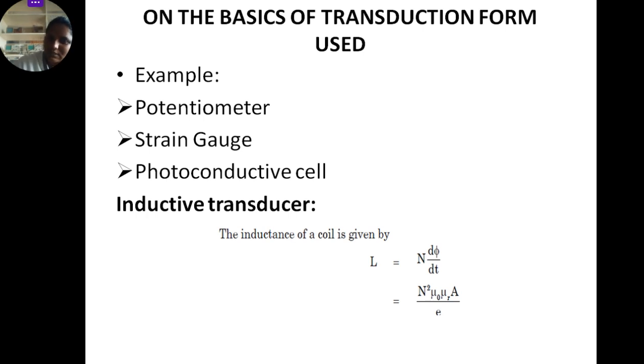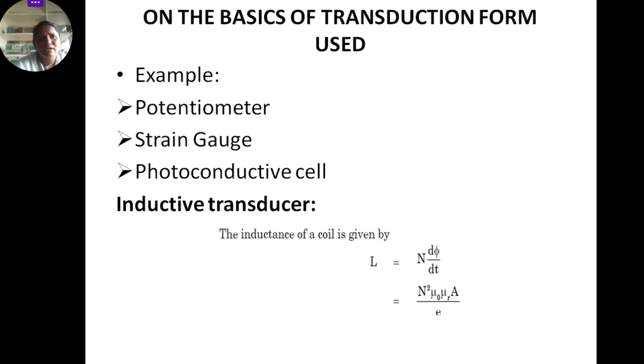Inductive transducer. Now, the next basic form of the transducer is the inductive transducer. The inductance of the coil is given by L is equal to N d phi by dt, where d phi by dt describes the magnetic flux.